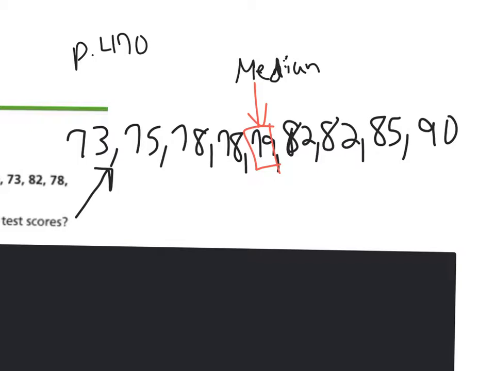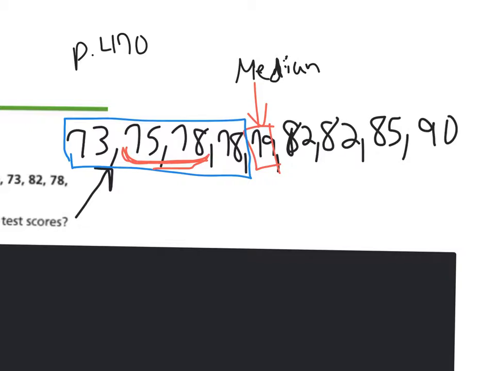And then the next question, they want us to find the first quartile and the third quartile. So first quartile is the median of the numbers below the median. So these numbers are the ones below the median here. If you'll notice, that's 4 numbers below the median. So do we have a definite middle number? No, we have 2 middle numbers. So 2 middle numbers are 75 and 78.